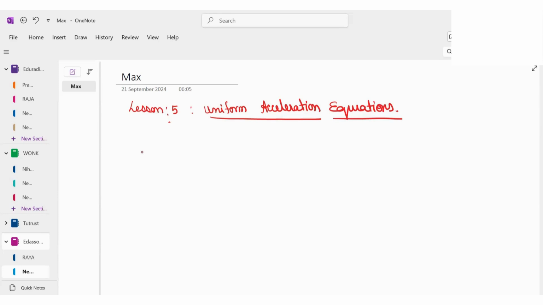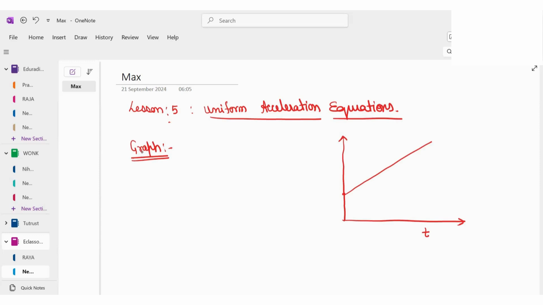How to do it. First of all, we have a graph between the velocity and the time. This is the time. Let's say this is uniform acceleration.